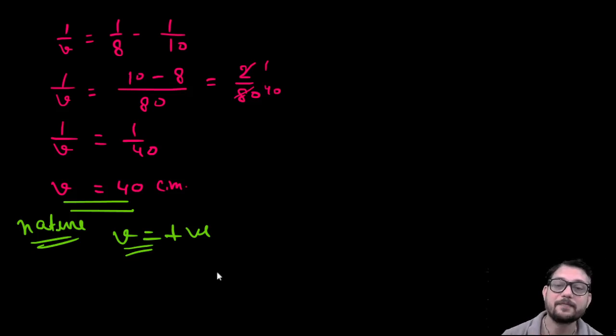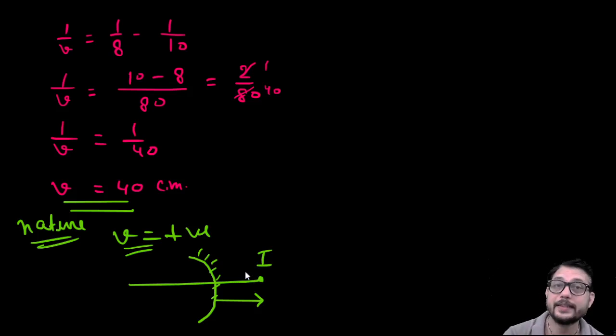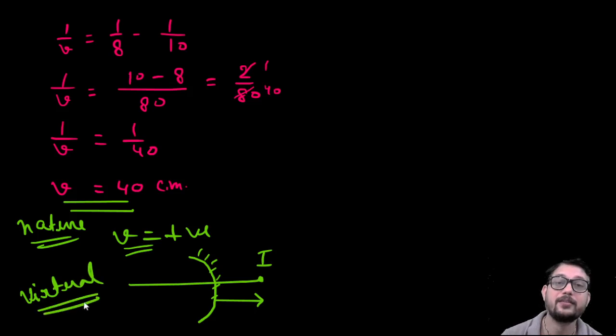It means the image is on this side of the mirror, or we can say the polished side. And if the image is at the polished side, it will be virtual. I hope and I believe that this question is now clear to all of you.